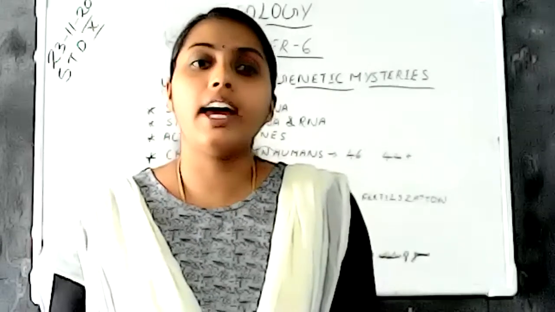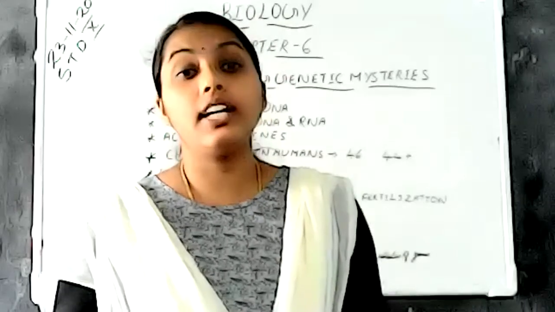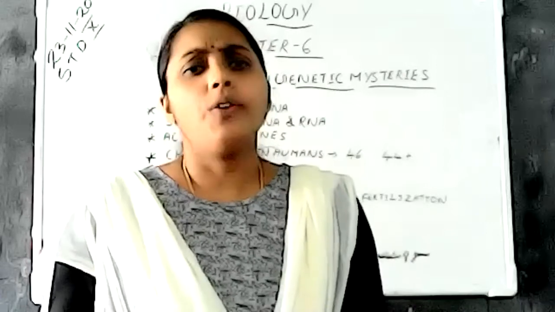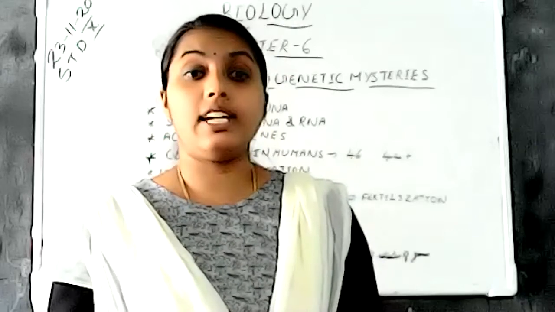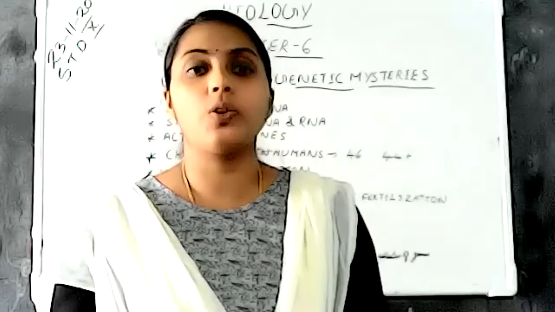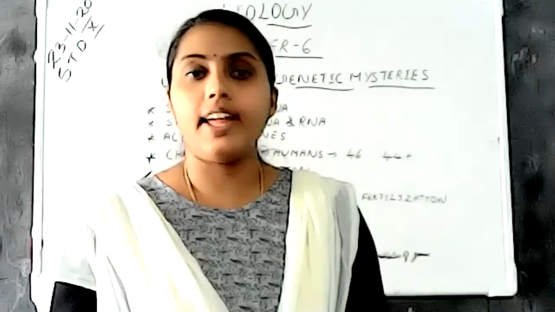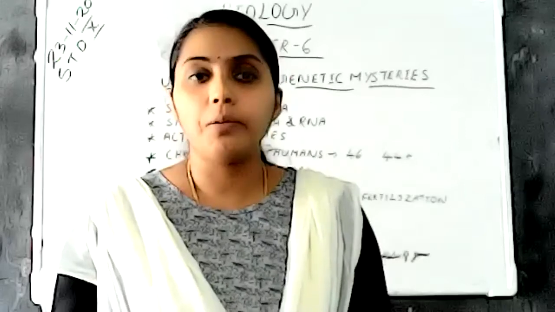Gene, DNA, cannot directly participate in the protein synthesis. With the help of the gene only, the gene is giving the message that a protein should be synthesized through the mRNA. mRNA means messenger RNA, and this messenger RNA is taking the message to the ribosome.